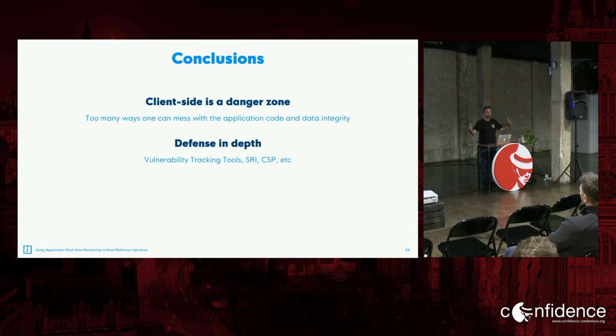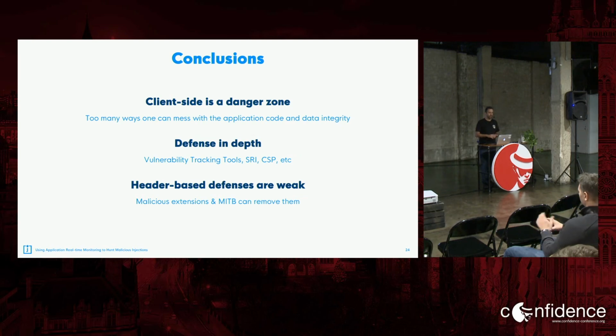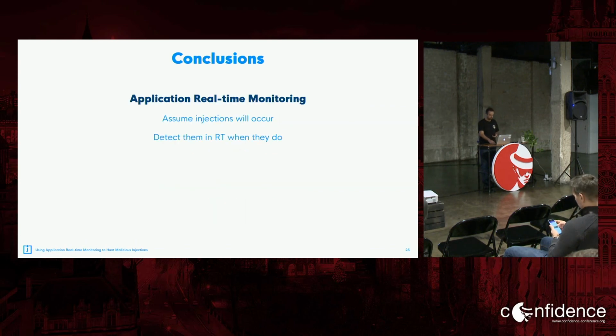Just try to reduce the attack surface as much as you can. But in the end, some of those defenses have their weak spots. For instance, everything that relies on HTTP headers can be stripped off by extensions or by manual browser Trojans. Because of that, we have to assume that some injections will go through, and we have to have a plan to catch them.